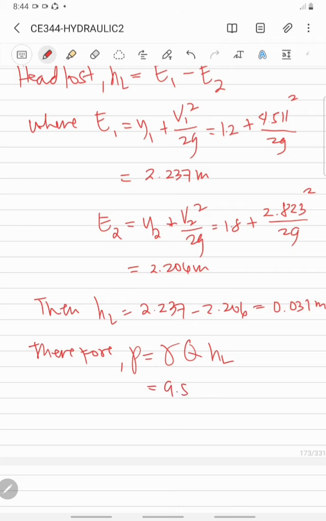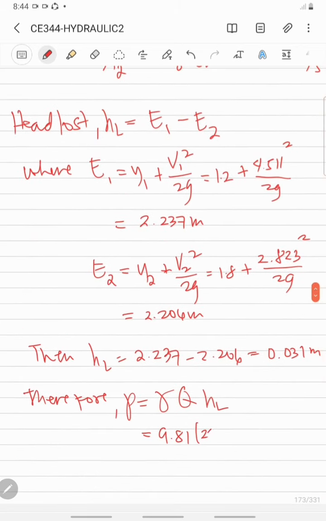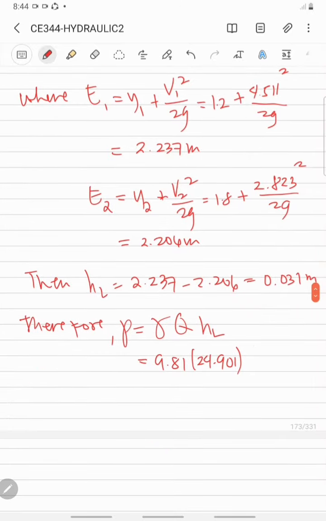So that is equal to 9.81 times 24.901 times 0.031, that is equal to 7.572 kilowatts. Okay, so this is the power loss of the jump.